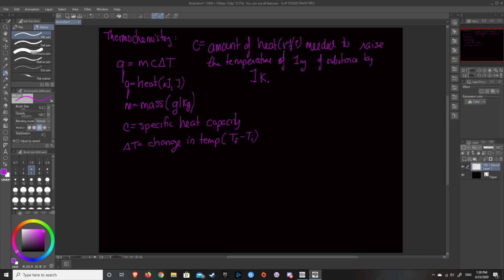So how much energy you need in order to raise the temperature of a specific amount of substance by 1 Kelvin, by 1 K.